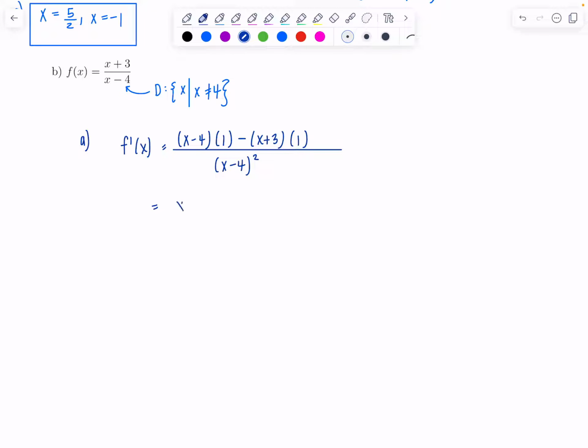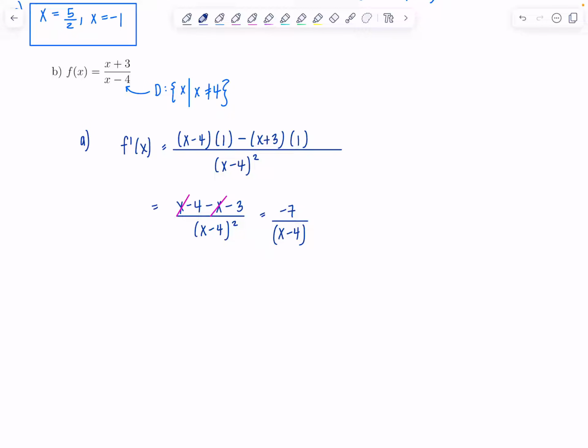And then let's clean up. This is x minus 4 minus x minus 3 over x minus 4 squared. And then do you see how these x's cancel? Oh, good. Okay, so I just am left with negative 7 over x minus 4 squared.